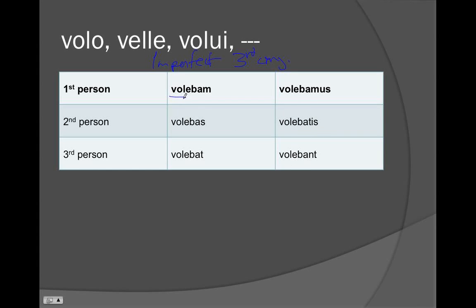So we get our stem vol with our EBA and our ending. The future also has our stem vol and conjugates like a third conjugation future: volam, voles, volet, volemus, voletus, volent.